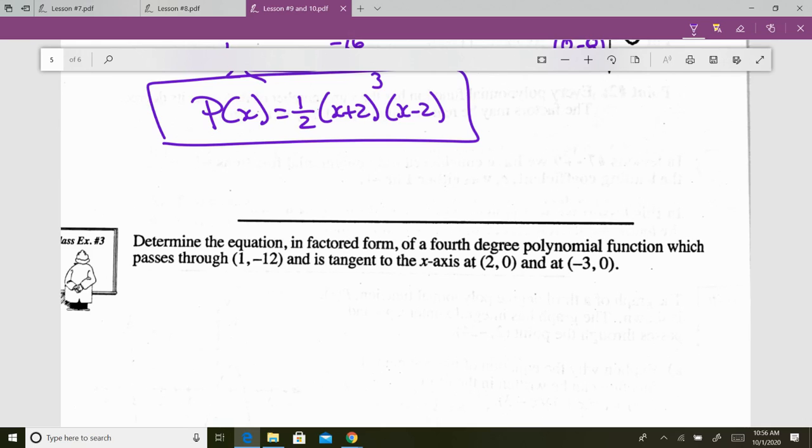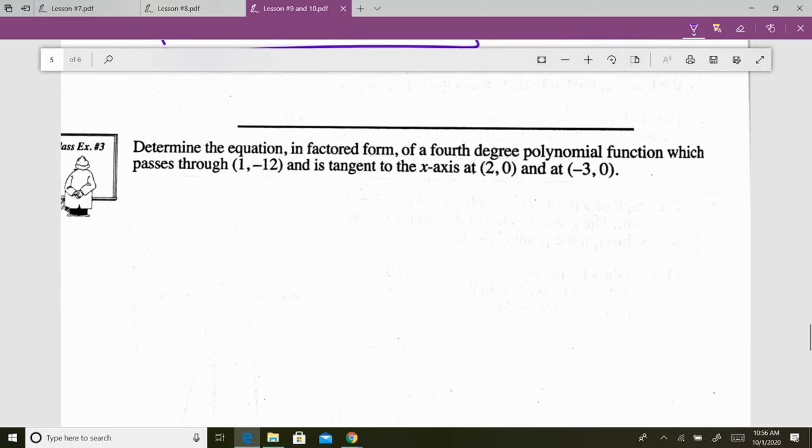Okay. Now everybody's favorite words. So we're going to have to read this and convert all these words into some mathematical stuff. Determine the equation in factored form of a fourth degree polynomial passes through the point 1 and negative 2, negative 12, telling you the point. Okay, so there's our x and y.